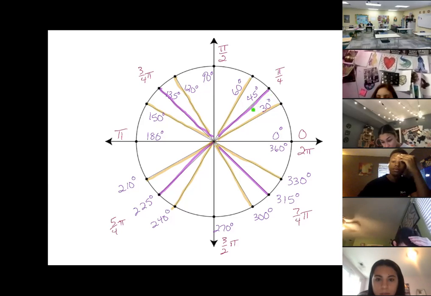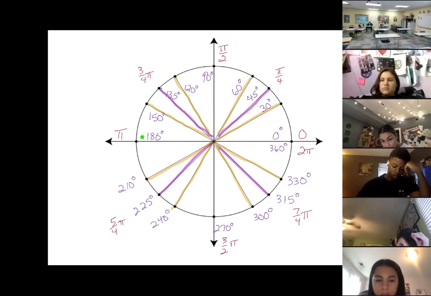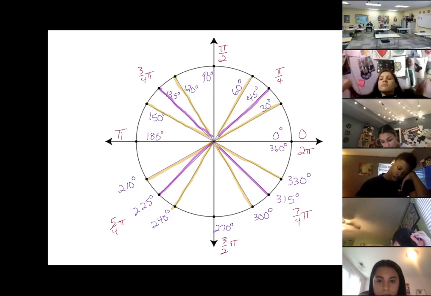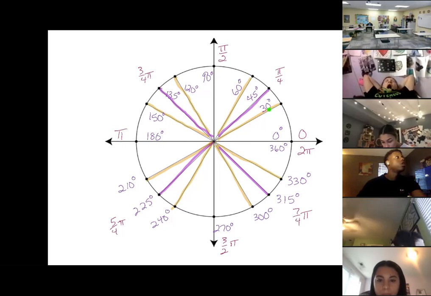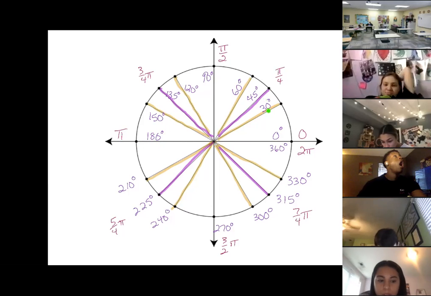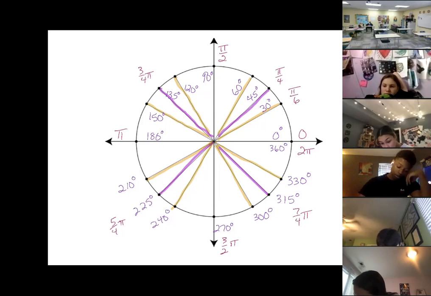If we think about the 30, let's look at the 30 degrees. How many times does 30 degrees go into 180? 6. So if 180 is pi, then 30 degrees would be 1/6 pi.